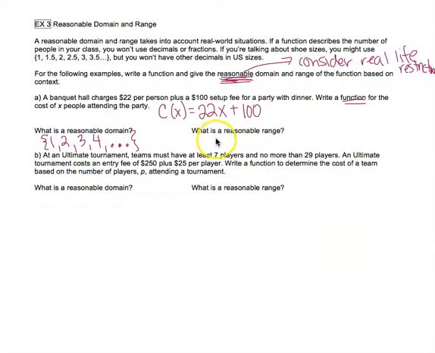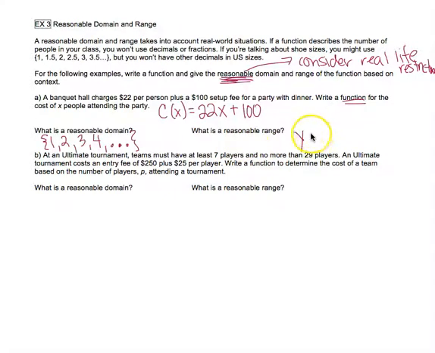A reasonable range. Well, your range needs to consider your domain. So if x is 1, that would give us 22 plus 100, so that'd give us 122. Then if I had 2 people, that'd be 44 plus 100, which means that I'm going to end up with values that are all bigger than or equal to 122.